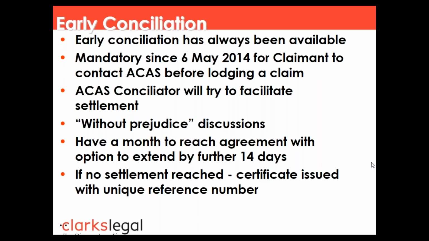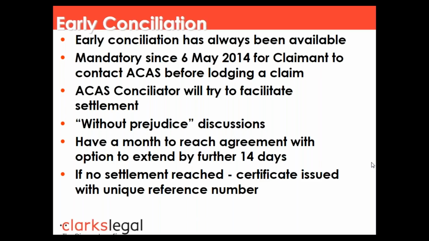Now, this will usually involve obtaining details about the complaints from the claimant in order to pass them to the employer, and likewise getting the employer's response to these in order to discuss the comments with the claimant. It may also involve providing some limited legal advice to one or both sides. For example, explaining to a claimant that they need to have 2 years continuous service before they can bring an unfair dismissal claim.